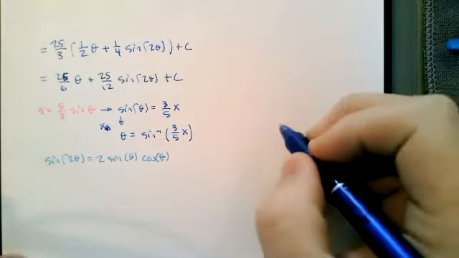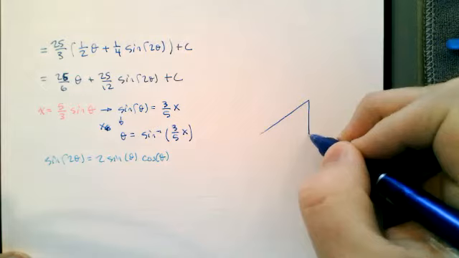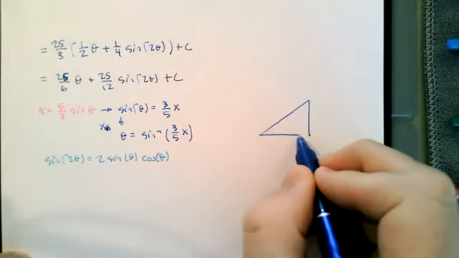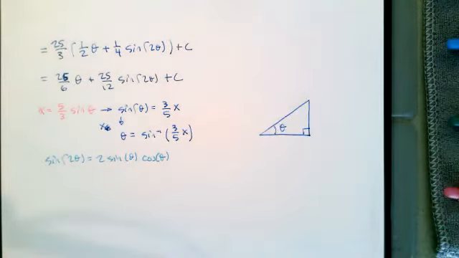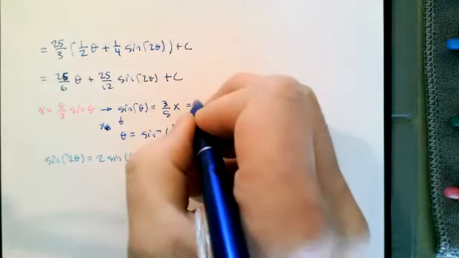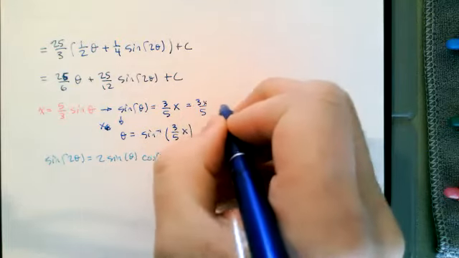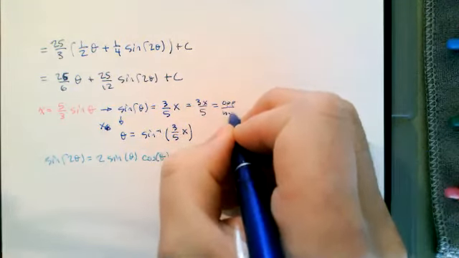So I'm going to draw a right triangle to help me remember where things are going to go. I'm going to read the sine of theta as 3x over 5, where 3x is the opposite and 5 is the hypotenuse.